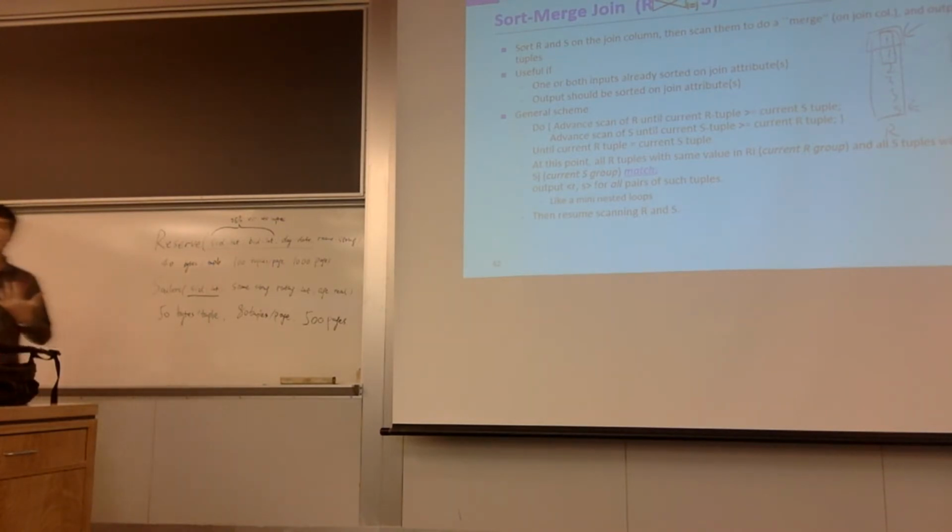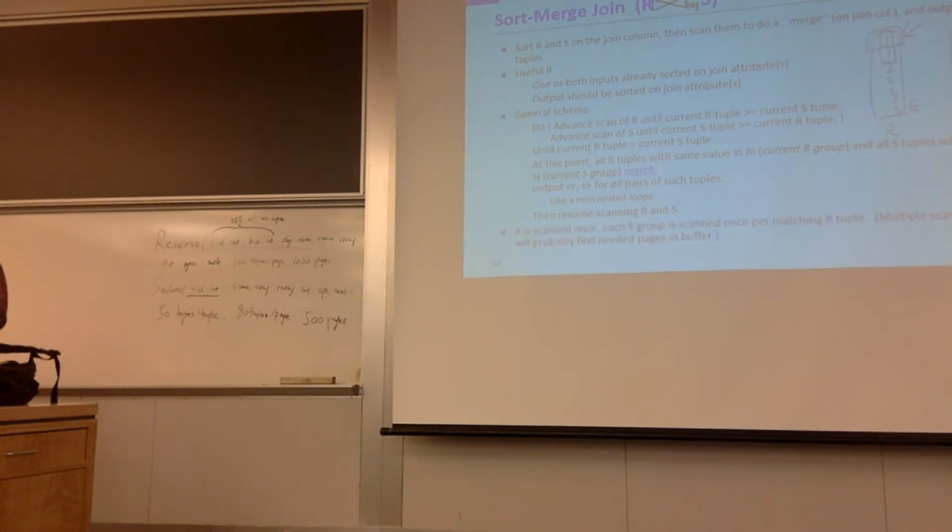But in a better case, like if you are joining a primary key and a foreign key, then you know for each record on the left, you only have one on the right that matches it, right? So in that case, you just linearly scan the two arrays or two files, so you just have a linear pass, okay? That really depends on your join cardinality, how large your join size is, right?